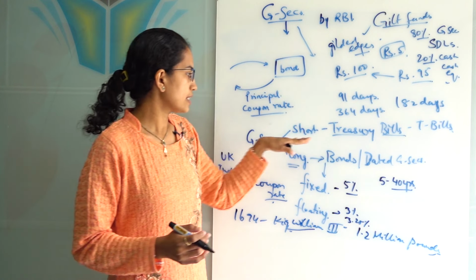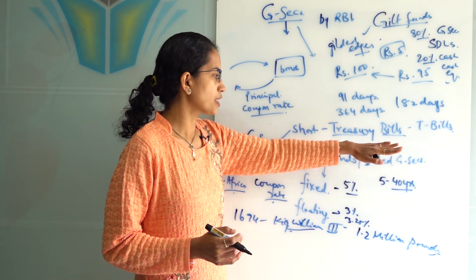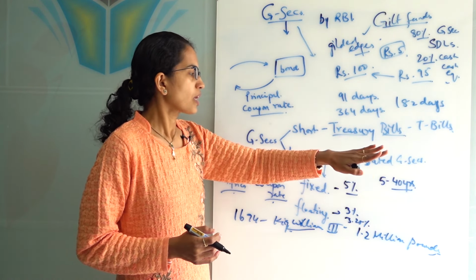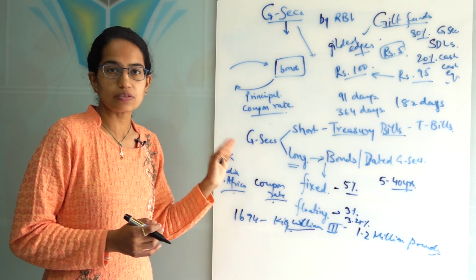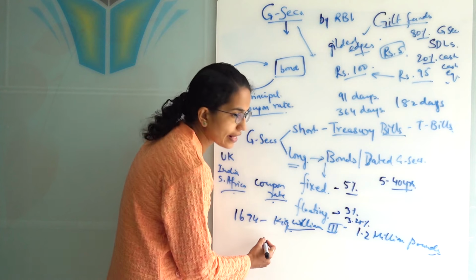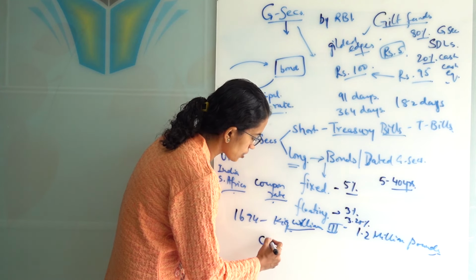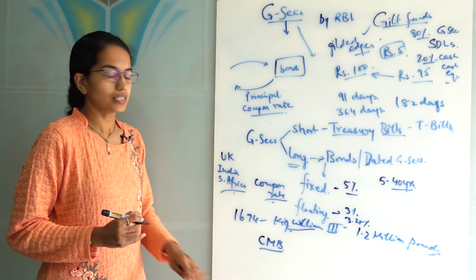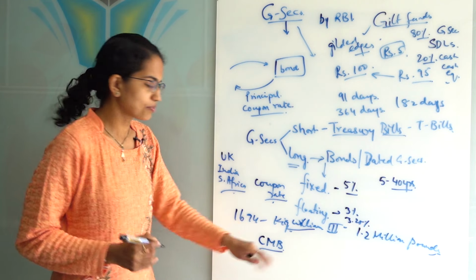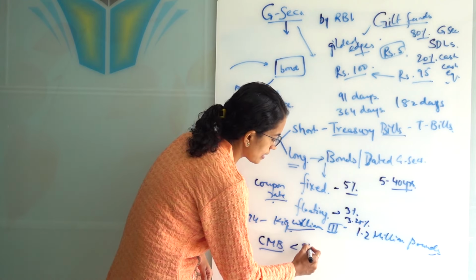Under this we have already talked about the short-term treasury bills and the long-term or dated government securities. There is another term which has been recently introduced, the cash management bills, also called CMBs. These are an exceptional case which are less than 91 days.